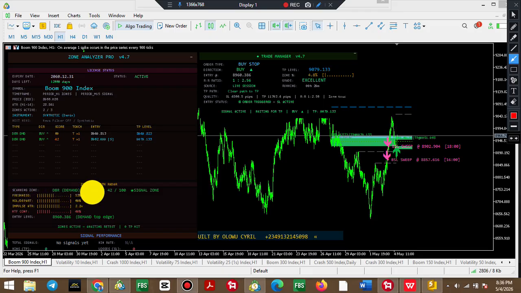Now when you check the formation of the zone, the radar currently is telling us that the freshness is about 53%, which is, let's say, average, right? We can understand that price has broken beyond that point. It's more or less like coming back for a retest, converting a bearish order block into a bullish breaker block. Let me zoom out the zone a bit so that you'll be able to see the zone.